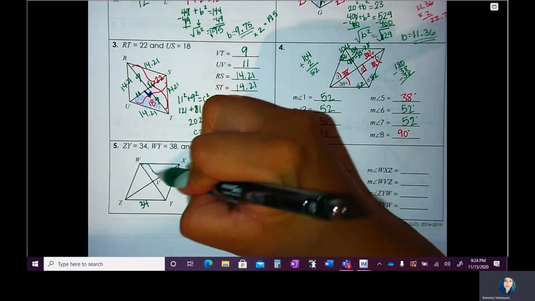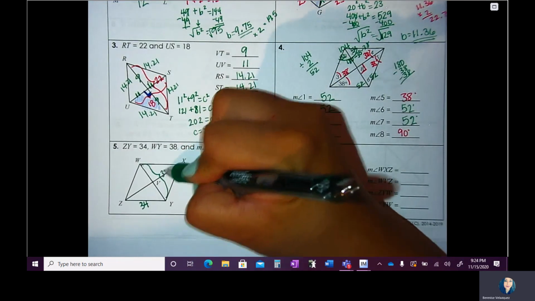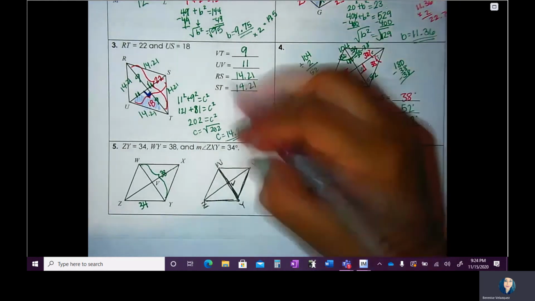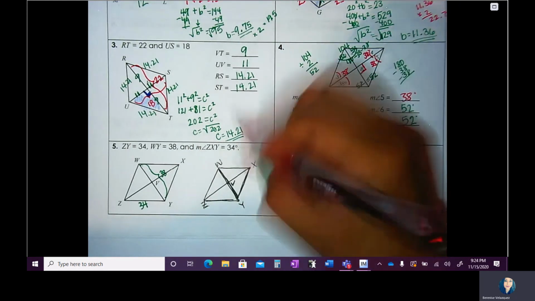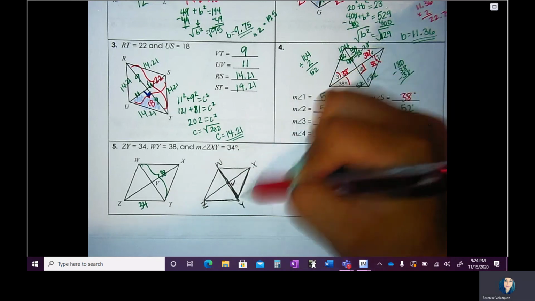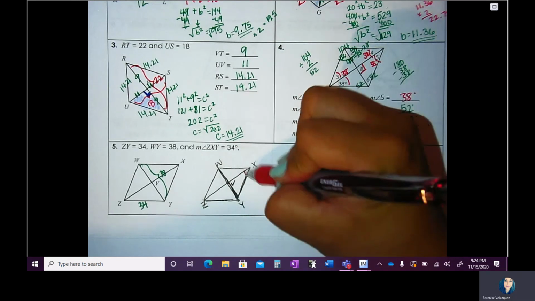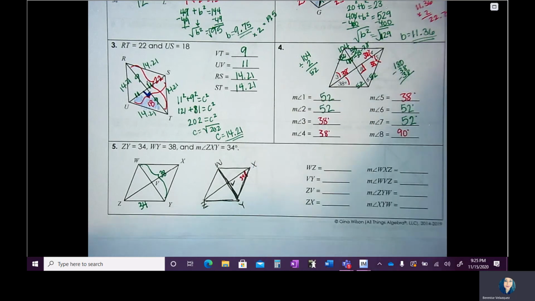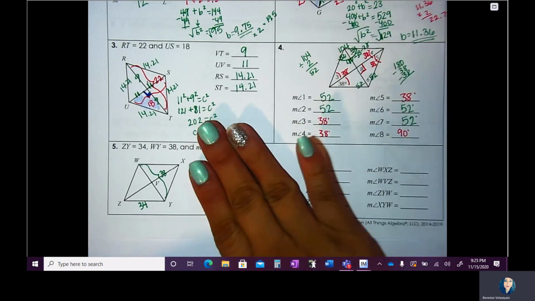WY, this whole thing is 38. Then over here, I'm going to do 34 degrees is angle ZXY, this corner right here, and it's 34. Okay, we'll deal with this shape on the second one.